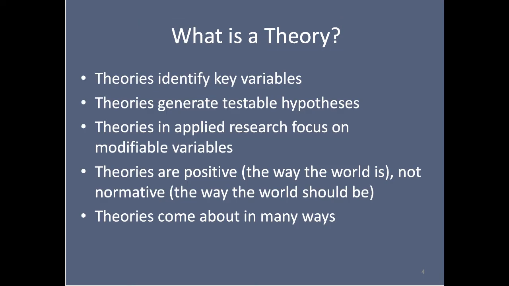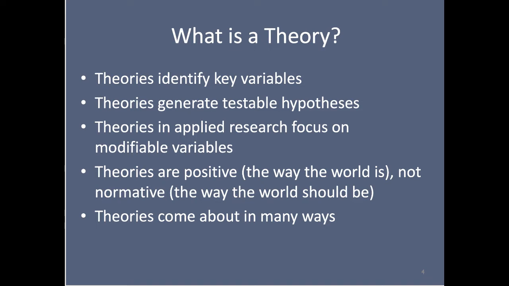So, more about what a theory is and particularly how it's valuable. Theories enable us to identify key variables. Like if we can think about what are factors driving crime, then we know, oh, we should measure those. And if we measure them, that'll help us gain evidence.